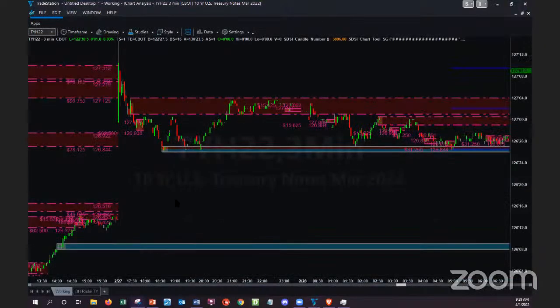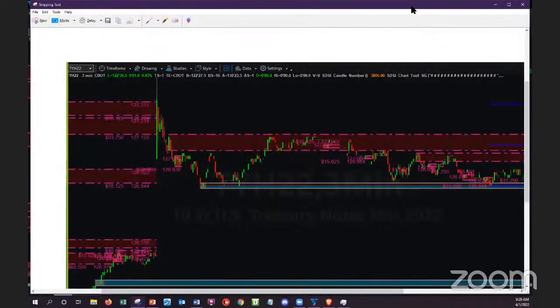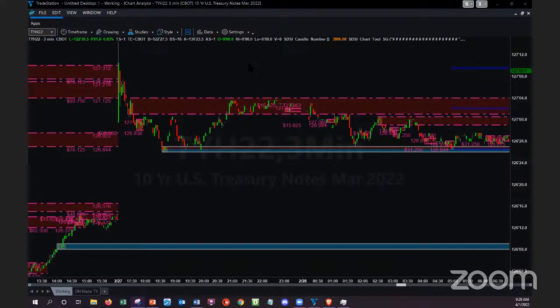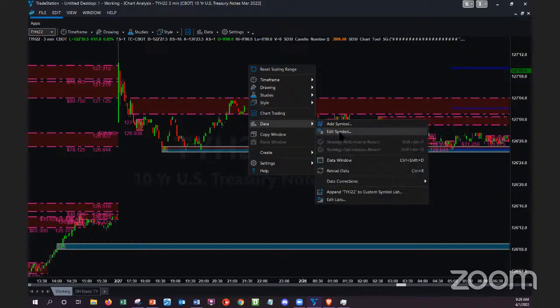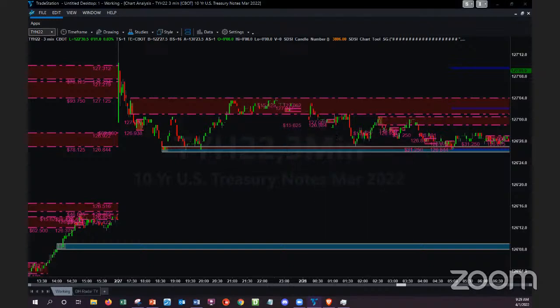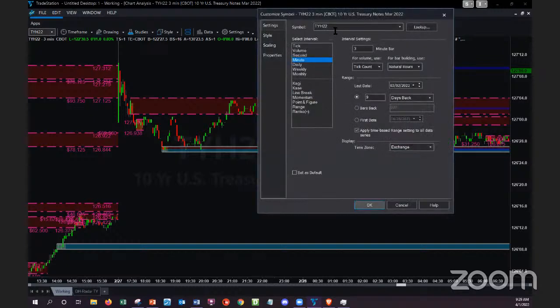Okay, now then, move that over the side. We're going to go back and change this to the continuous based on volume. Edit symbol. 3 minutes, and then we want here again.